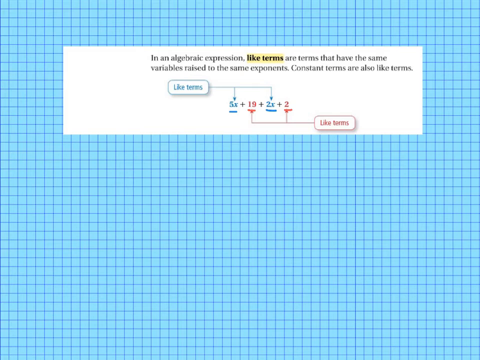I'm going to show you another quick example here. So let's say we have an expression with 6x plus 5x plus 3xy plus 2y squared.